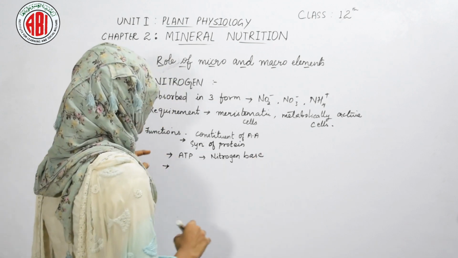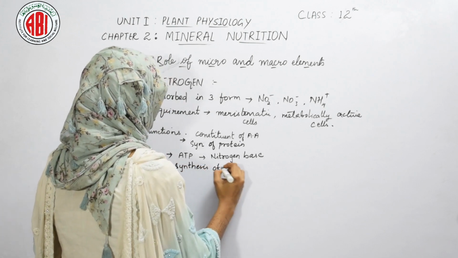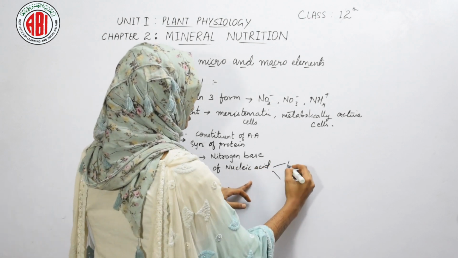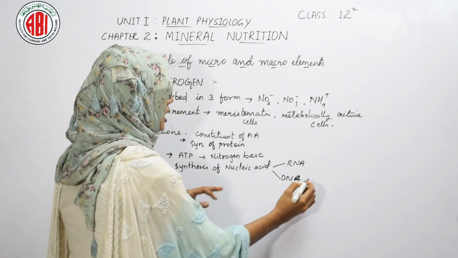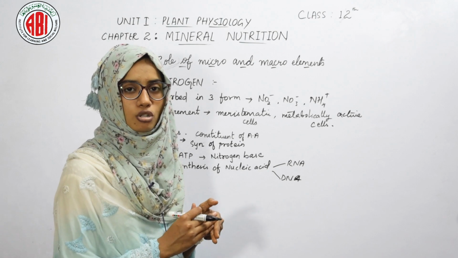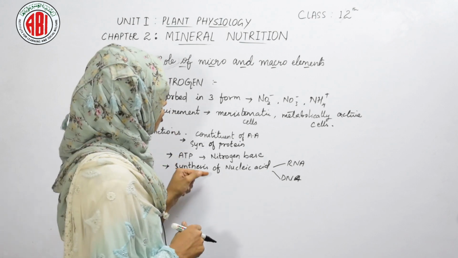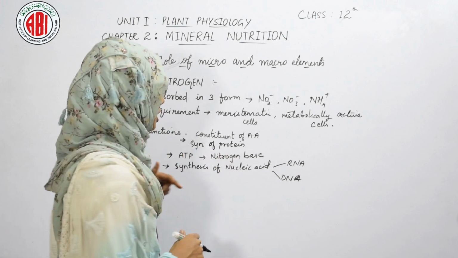The next function is that it helps in the synthesis of nucleic acids. Nucleic acids include RNA and DNA, and these genetic materials are made up of nucleotides, and the nucleotides show a nitrogen base in their structure, and therefore nitrogen is required in the synthesis of nucleic acids.